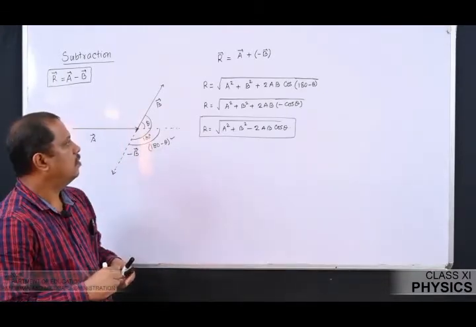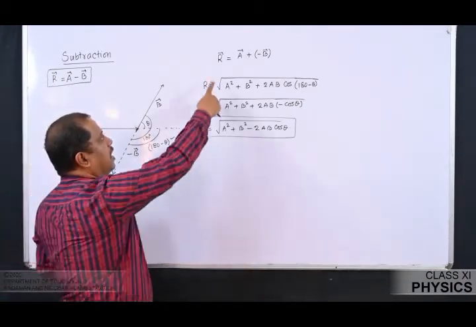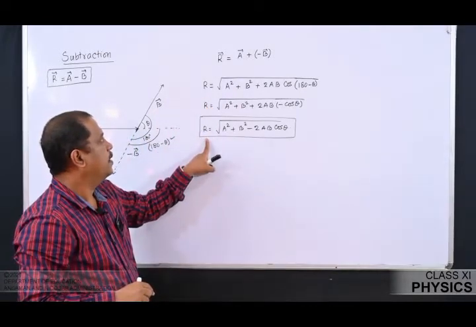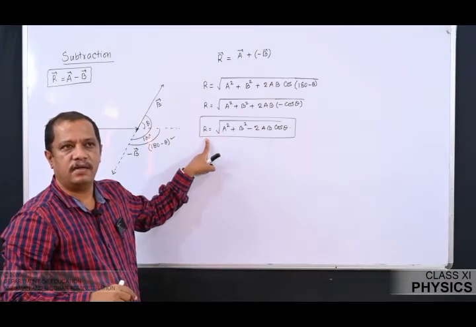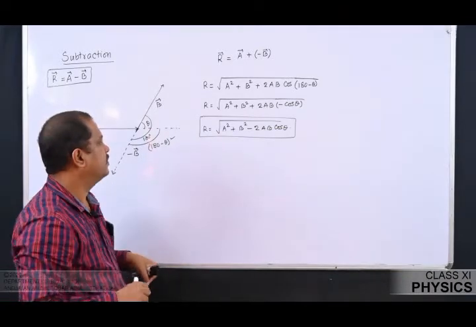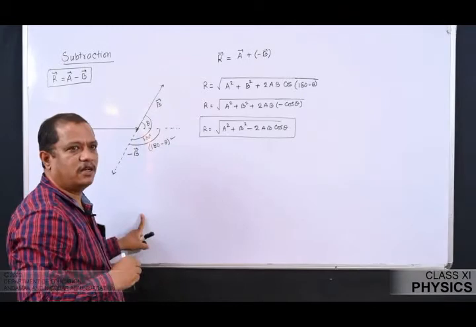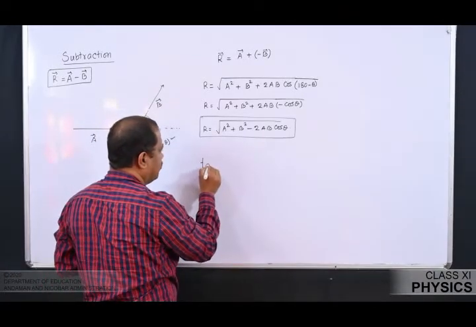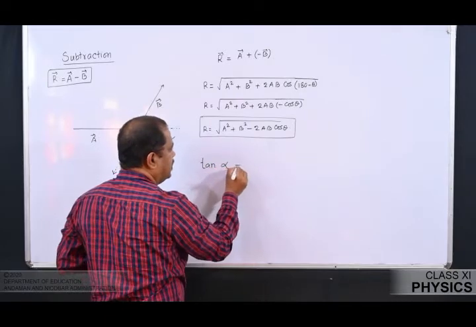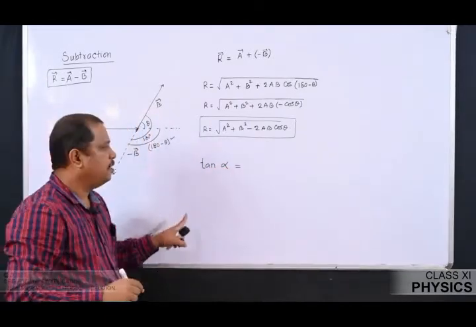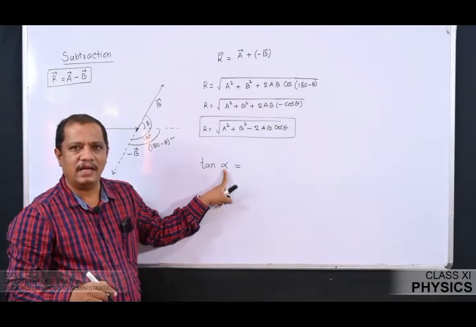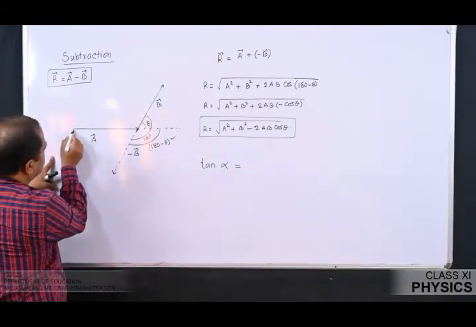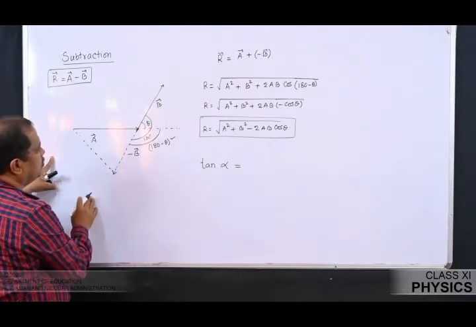Now the resultant will have both magnitude as well as direction. I have found the expression for finding the magnitude. Next I want to find the direction. To find the direction, you might remember in the last class we studied tan alpha. By convention, alpha was the angle made by the resultant vector. The resultant will be this one.